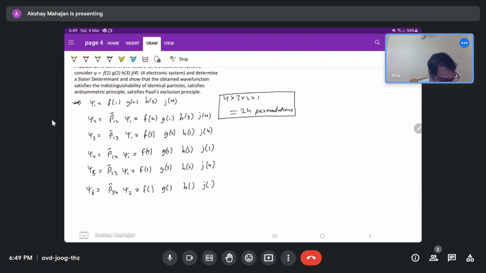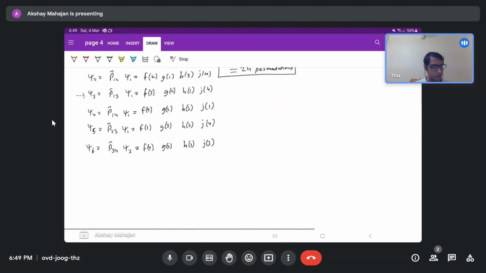So you can go to psi 3. This is our psi 3, and you have to interchange 3 and 4. So let's just write whatever 1 2 was there. So 1 was in here, 2 was in here. Now you just interchange 3 4. You have 4 and 3. So again from psi 3 we got a new permutation, which is F4 G2 H1 J3, which might be different, so you have to check different kinds of permutations.